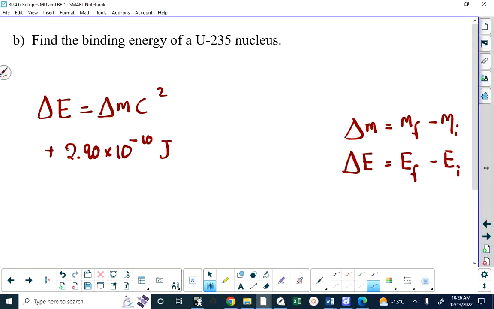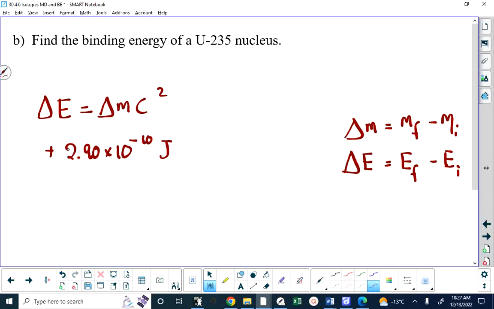I want to draw a comparison between this and Chem 30. When you have a positive delta H, you use H for energy in chemistry, I believe, right? When you have a positive delta H, that's endothermic, and that means you put work into it. The energy's gone up. That's exactly what's happened here.